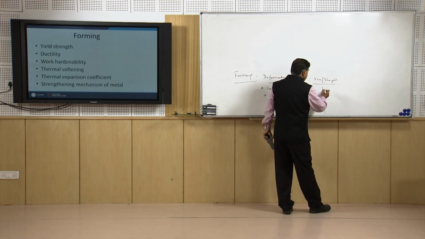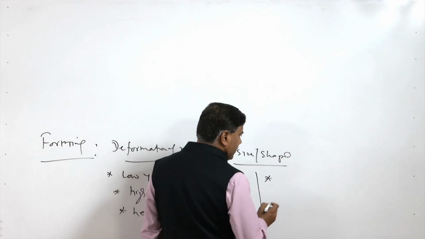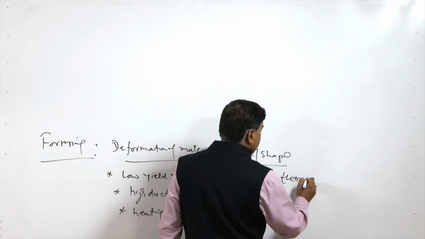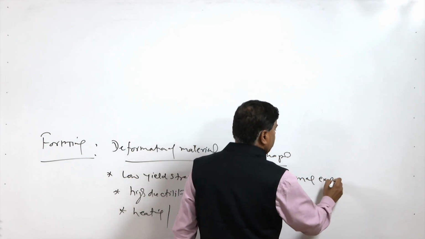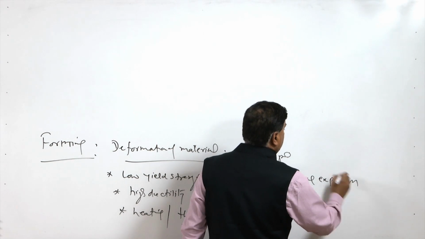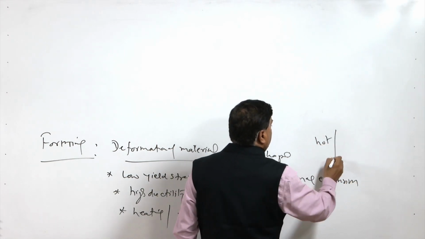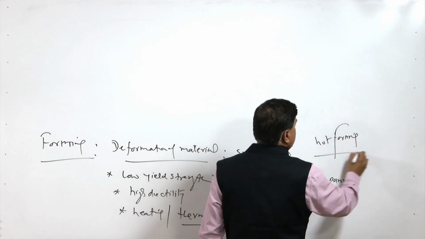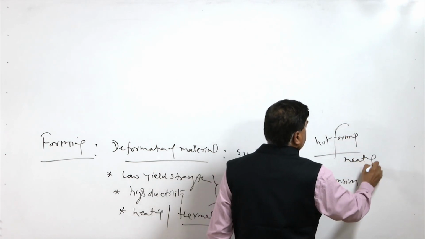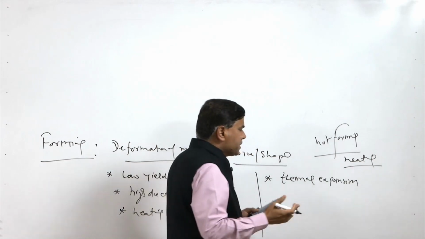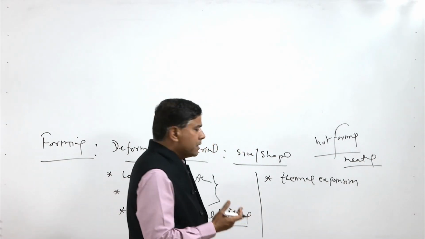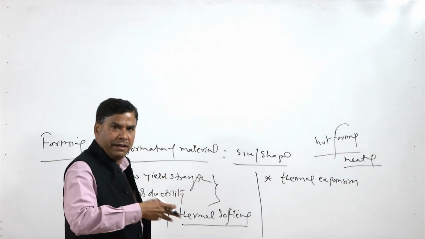Then there is thermal expansion. We know the hot forming processes involve heating at high temperature. So, the increase in temperature will be leading to thermal expansion of the material, and in the expanded condition the material will be deformed.